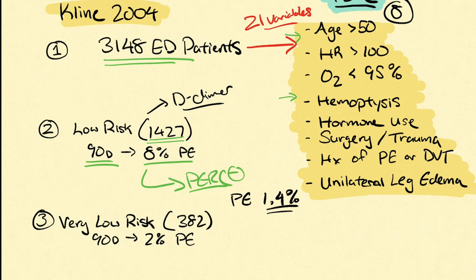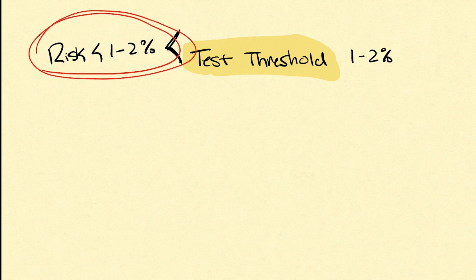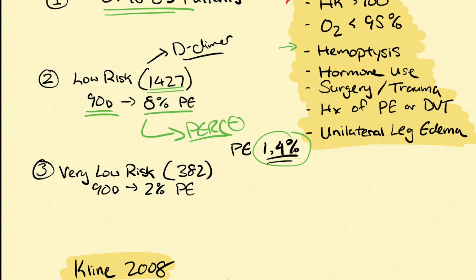So we went down from 8% in the general population that were considered low risk clinically, and when you use the PERC rule, you brought it down to 1.4%. That's pretty good. Again, our goal is to get below 1 to 2%, right? So in this small group, yeah, we did it.